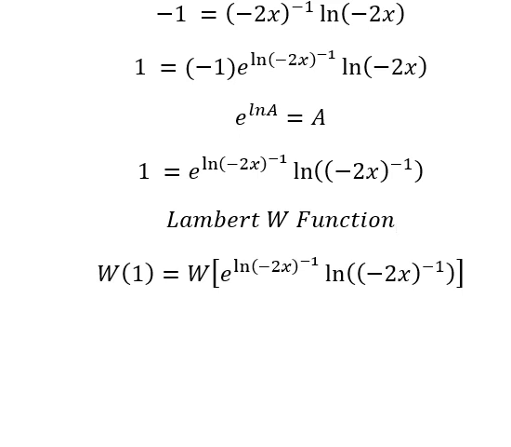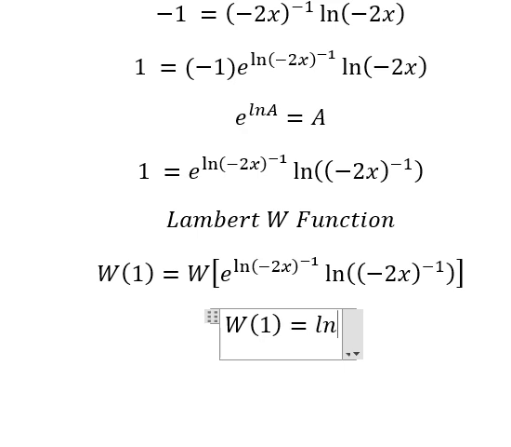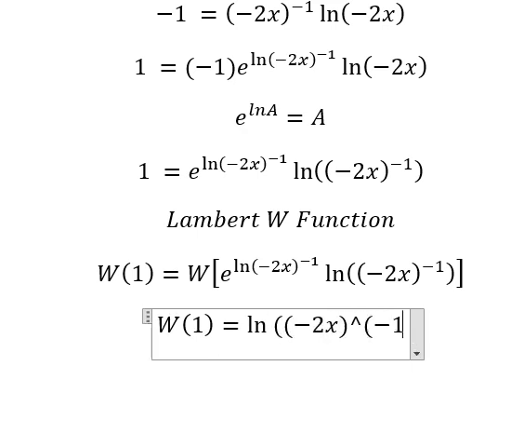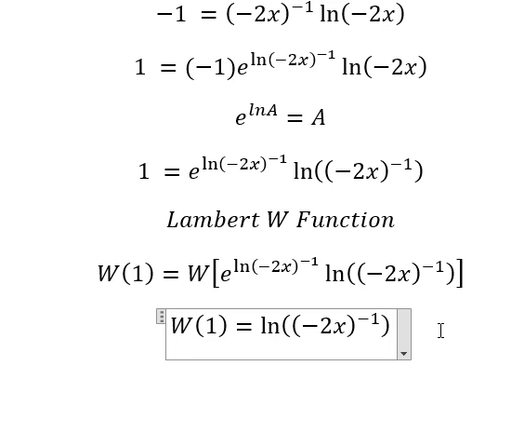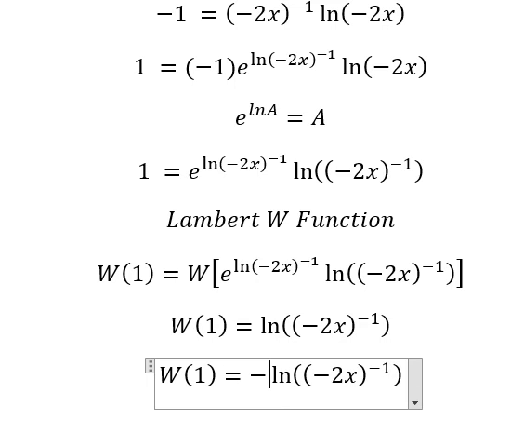So this one that is about W_n of negative 2x to the power of negative number 1. So we put negative number 1 go outside.